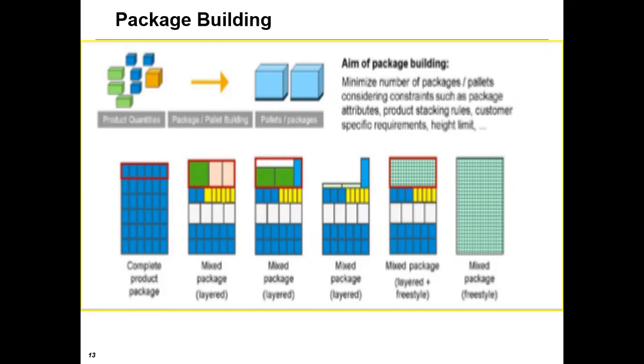So we need to take care of some limitations like packaging characteristics, stacking rules or customer specific requirements, temperature, humidity, pressures, height limits, volume limit, and weight limit of this particular means of transport. Means of transport may be truck, rail car, ship, or vessels.